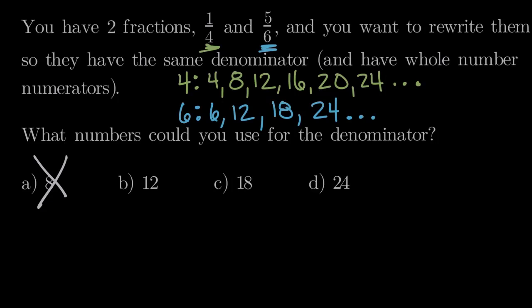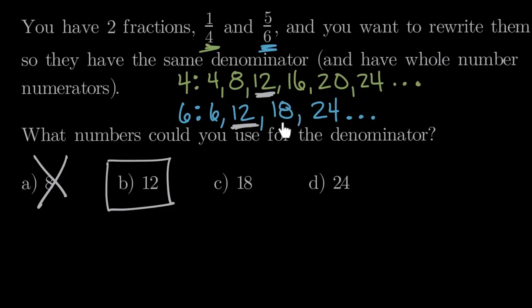How about 12? 12 we can see as a multiple of 4, and we showed that. We drew that already. And 12 is a multiple of 6. We could split our 6 into 2 equal pieces each, and we would have 12ths. So 12 does work. 12 is a common denominator for fourths and sixths. 18 is here on the 6th.